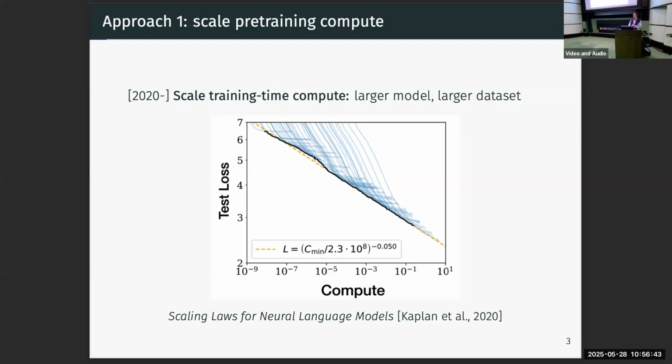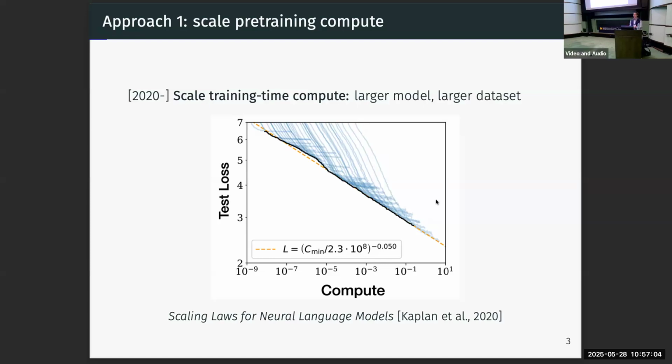So here you have this orange line, and this is the scaling law, a scaling law in compute. As you increase the amount of compute, you get these predictable improvements in the test loss. People have pushed these scaling laws further and further, and this has led to better and better models.